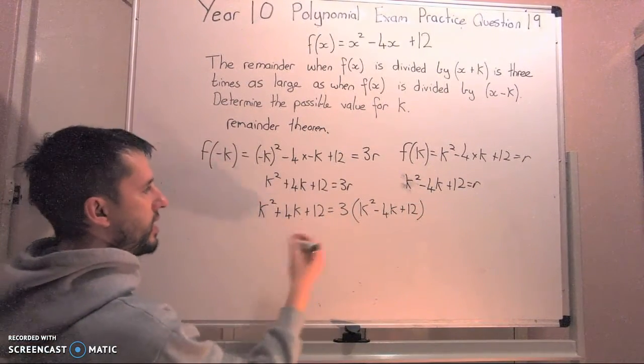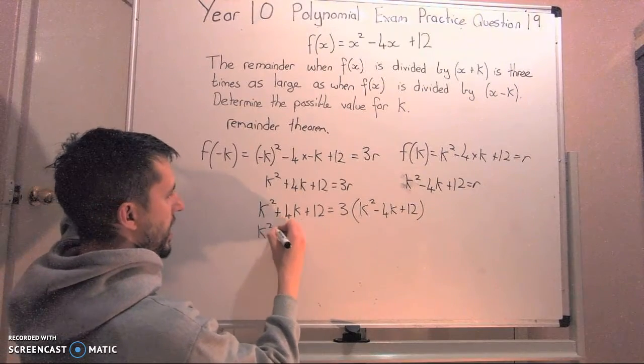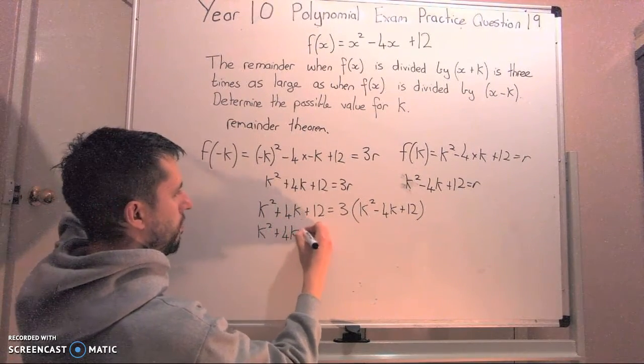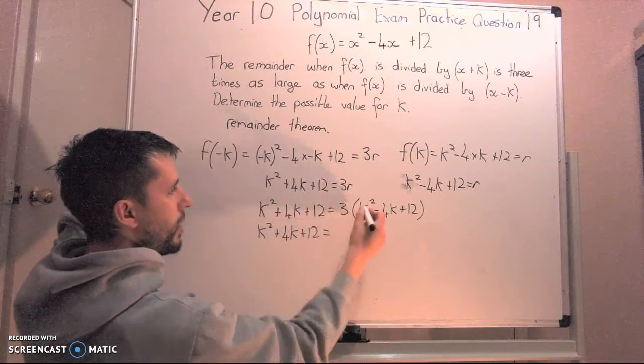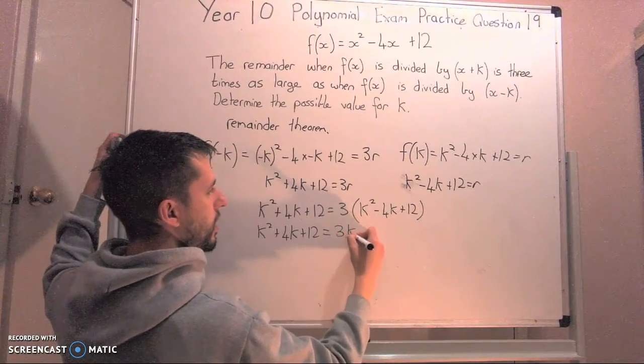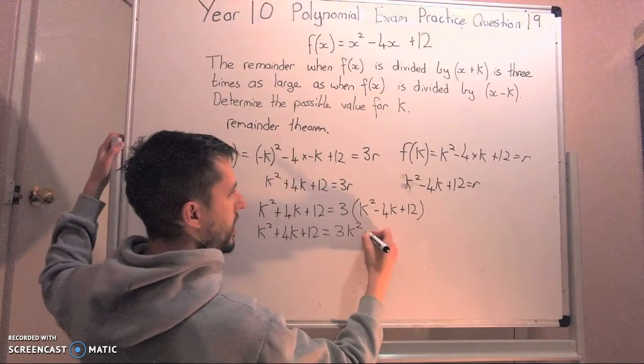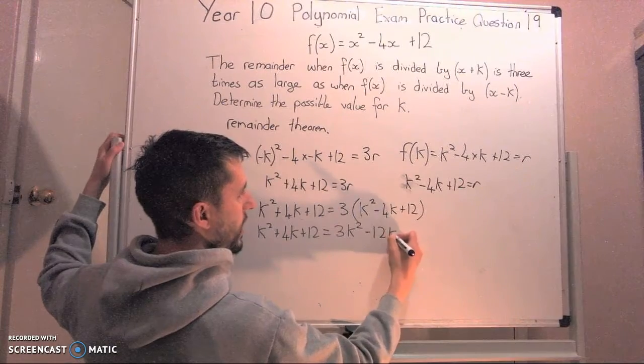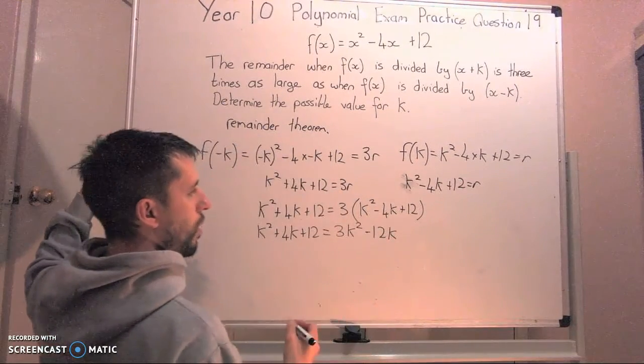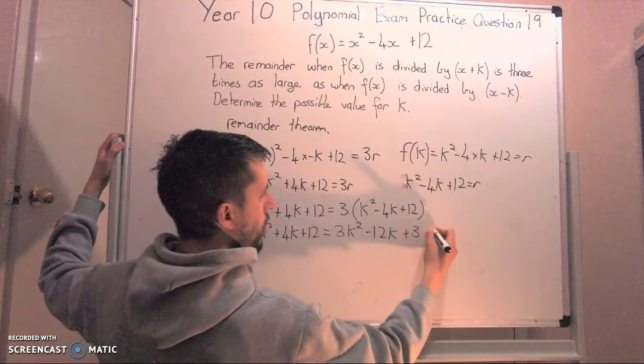I then need to expand my right-hand side. So 3 times k squared is 3k squared. 3 times negative 4k is negative 12k. And 3 times 12 equals 36.